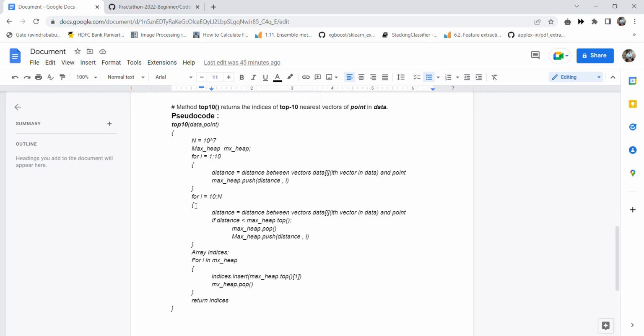For the rest, we initially calculate the distance, and if it is less than the maximum distance in the max heap, then we pop out the maximum distance value and insert the corresponding distance and index. If this distance is greater than the maximum value in the max heap, we straight away ignore it, since there already exist 10 nearer points. Finally, we take out only the indices and return those indices.